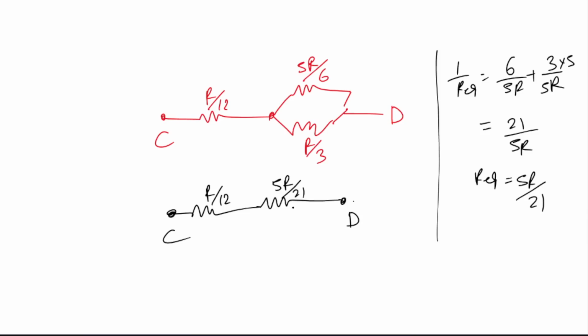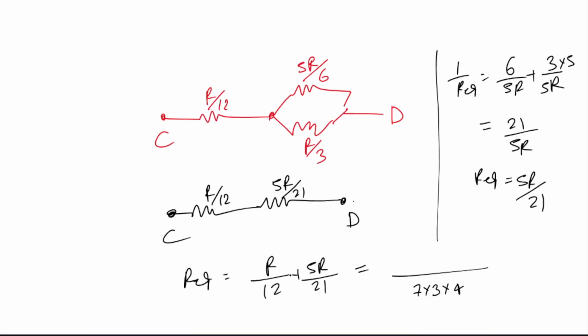Now you simply add these two in series. So R equivalent is nothing but R by 12 plus 5R by 21. Okay, add this, and you can clearly write the value here. If you consider the LCM, then it will be 7 into 3 into 4.